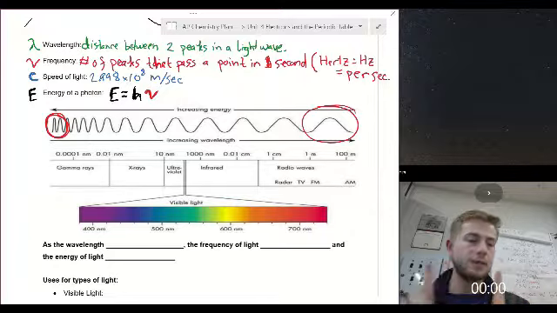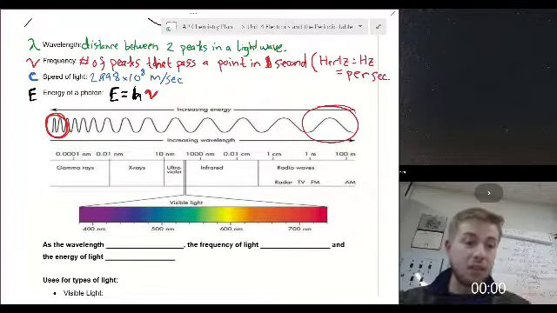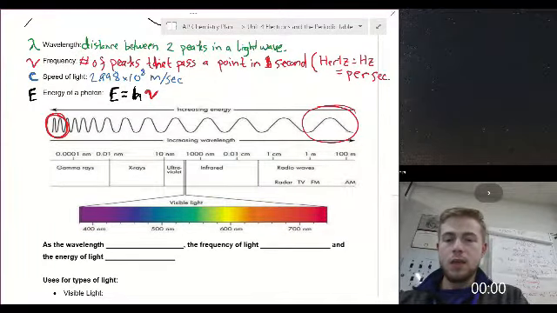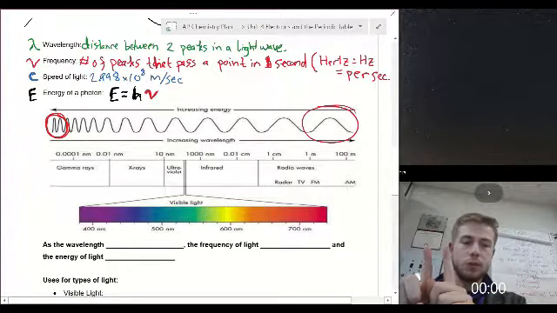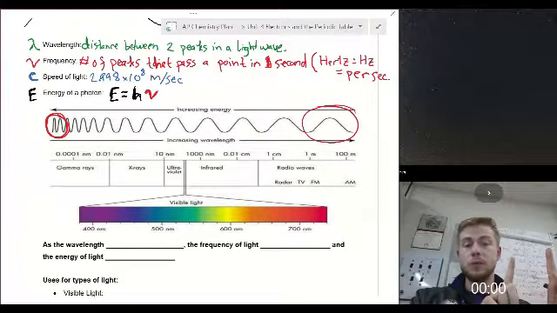A nanometer is 1 times 10 to the 9th, so there's a billion nanometers in a meter. It's very small, but the smaller wavelengths in the visible spectrum are closer to purple, and the larger wavelengths are closer to red.